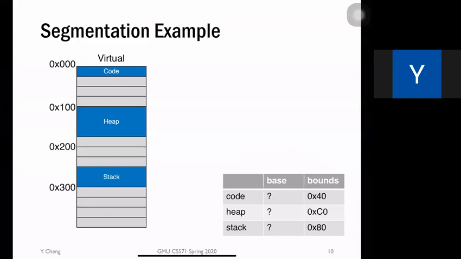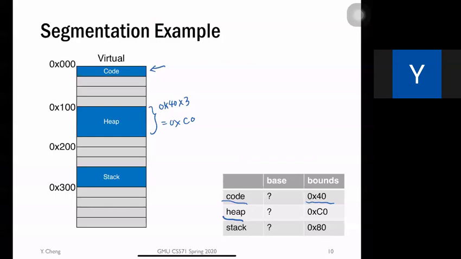As you can see, the code memory segment just occupies one single fine-grained memory block, so it has a bounds value of 0x40. Okay, the next memory segment, the heap segment, occupies 3 contiguous fine-grained memory blocks. So it's 0x40 times 3, which gives you 0xC0. Okay, so this is its bounds value for the heap segment.